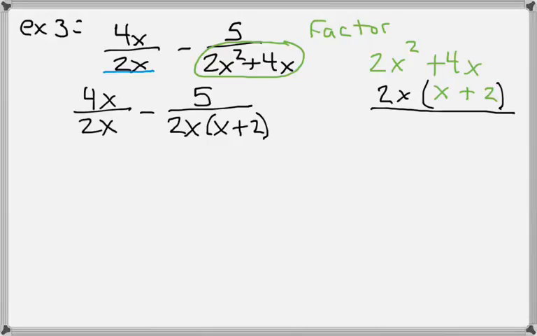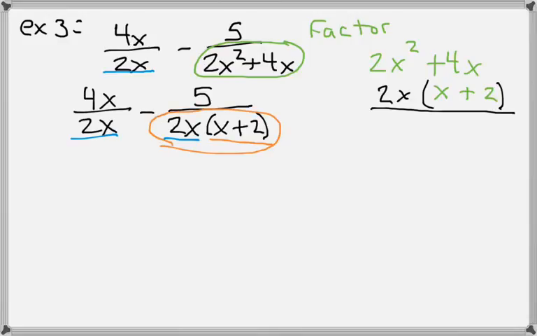If we look for our common factors, or common denominator, we have a 2x here. We also have a 2x there, but I'm missing a little piece. In one fraction, I have that x plus 2, but I don't have it in the other guy. So my common denominator is going to end up being this guy right here. That would be my common denominator.